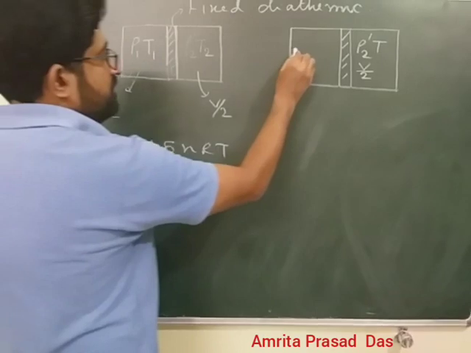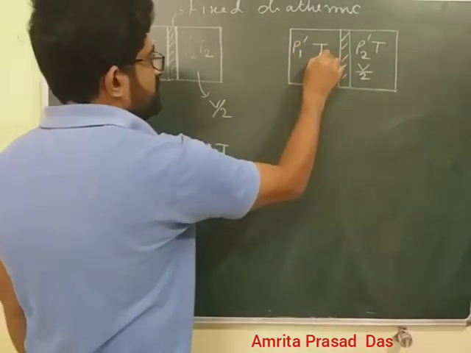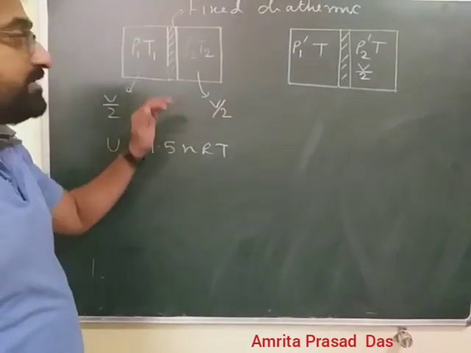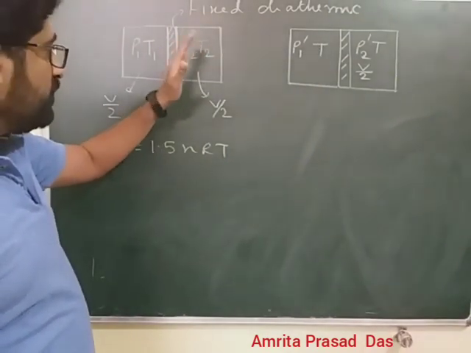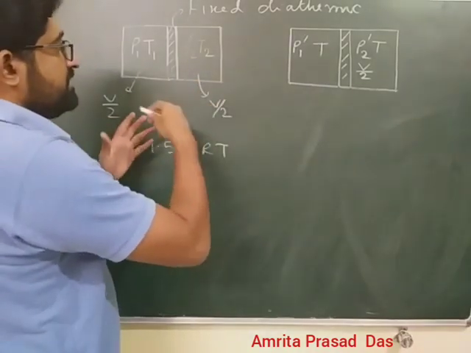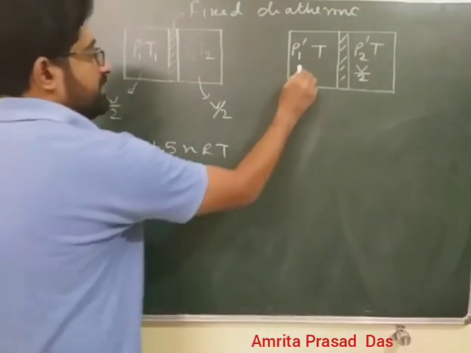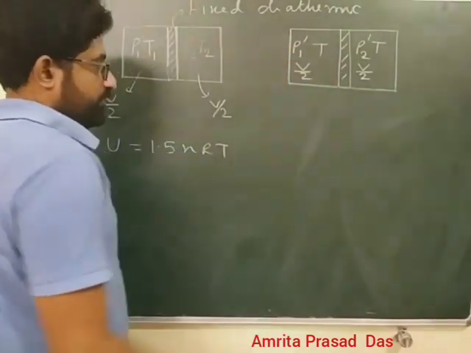The pressure on the left side is P1 dash, and the temperature is the same, as this wall is diathermic and heat can flow from one side to another. Therefore the temperature changes and they attain a final temperature which is T, and the volume is V by 2.